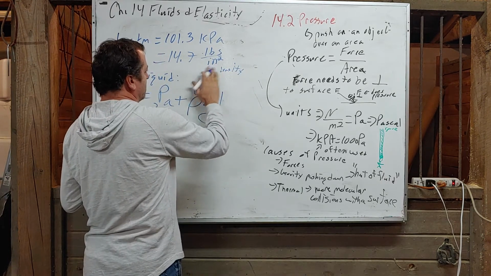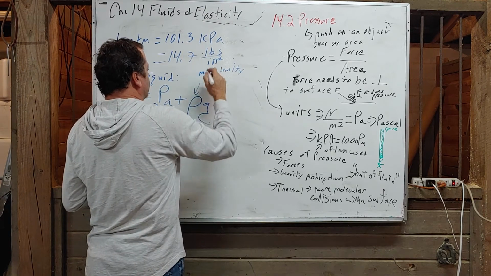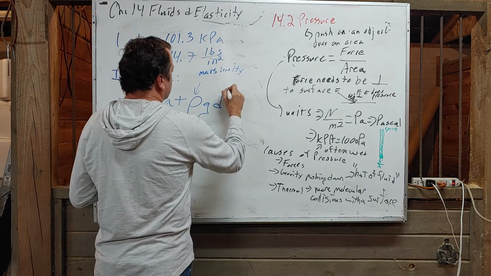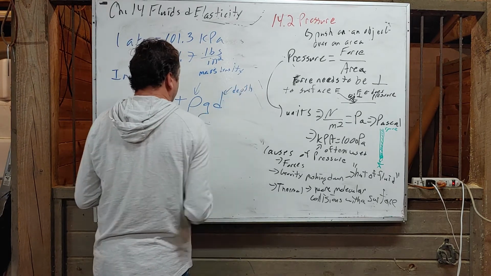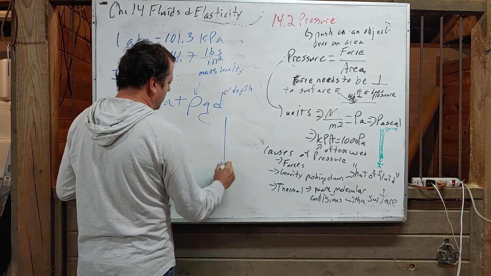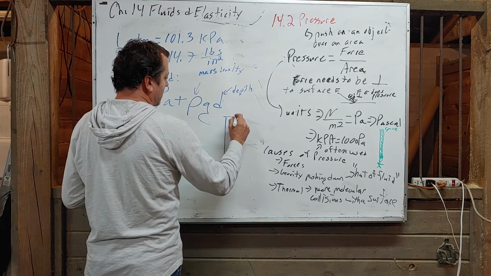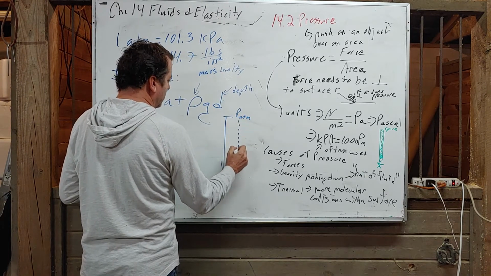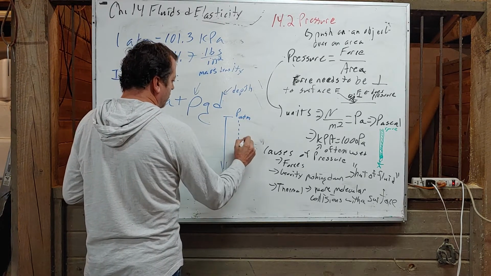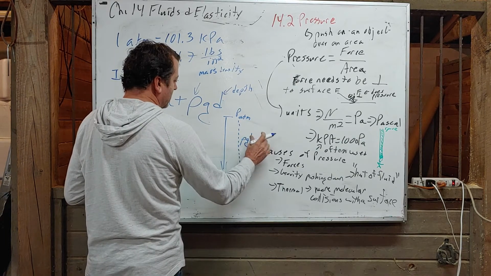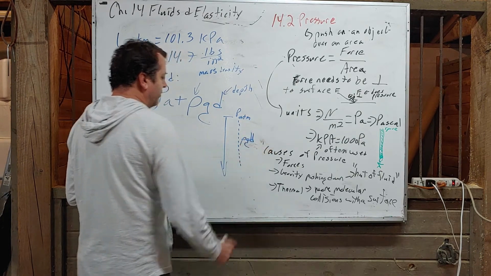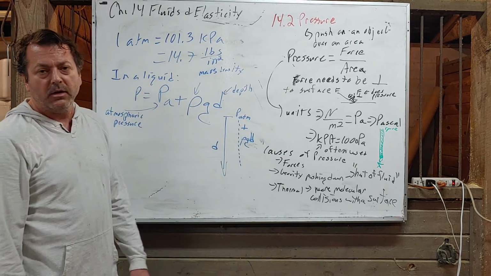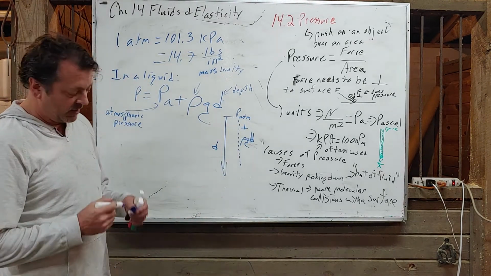That g is there, which tells me it's mass density. And then the d is the depth that you're down. So the further you go in a liquid, you start out with an initial pressure, atmospheric right here, and the further down you go, rho g d defines how much pressure you have. That's a pretty straightforward calculation.